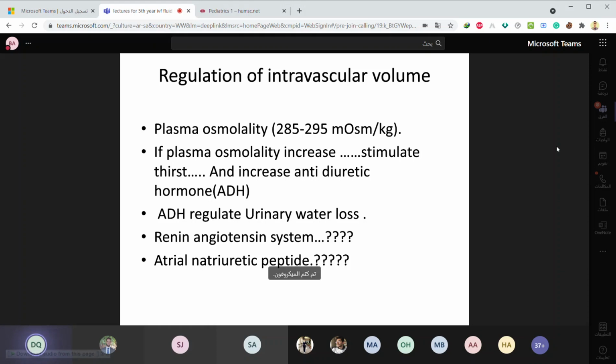If plasma osmolality increases, this will stimulate thirst and also increase antidiuretic hormone to decrease urine output. Antidiuretic hormone regulates urinary water loss. We also have the role of the renin-angiotensin system and atrial natriuretic peptide.